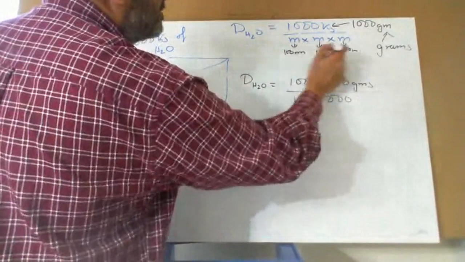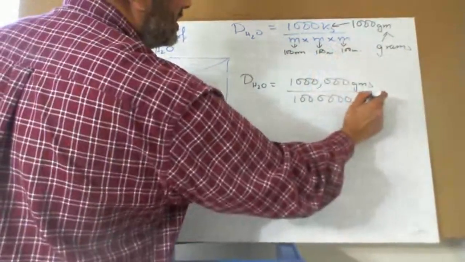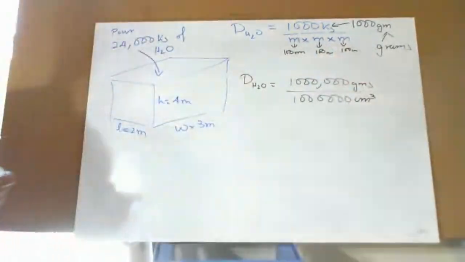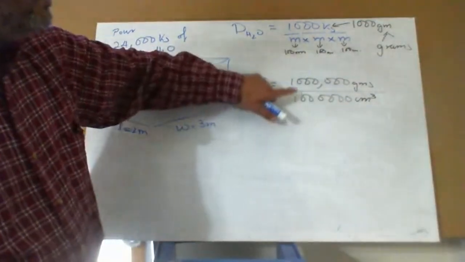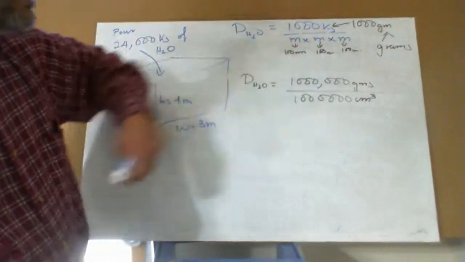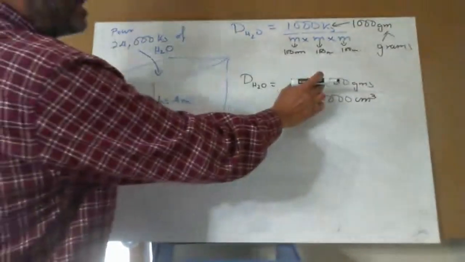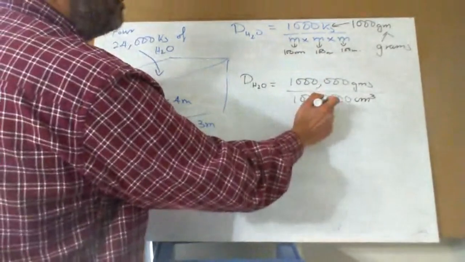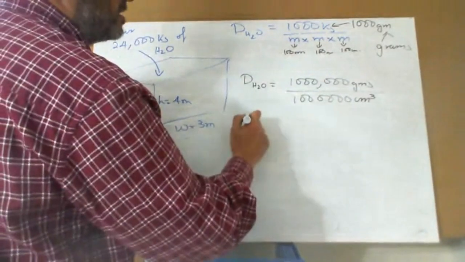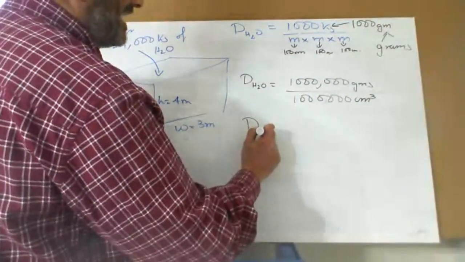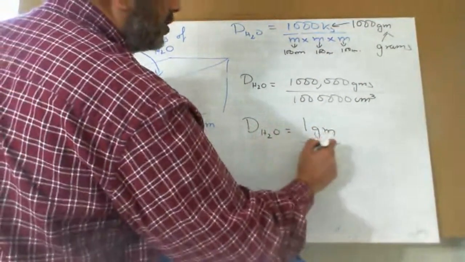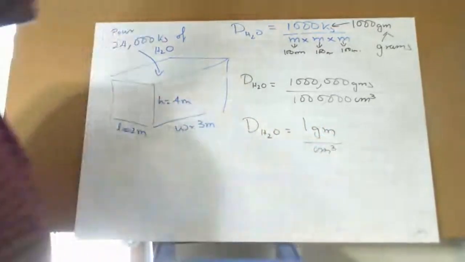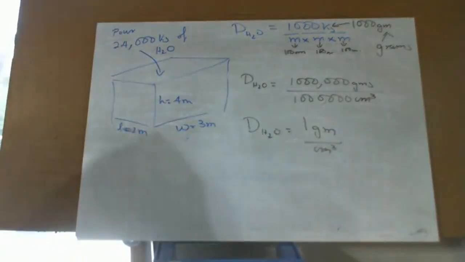And each is centimeters times centimeters times centimeters, that's cubic centimeters. So I've replaced the kilogram with 1,000, and each of these meters is 100 centimeters. So you have a million, 1 and 6 zeros. A million divided by a million is 1. So we can also write the density of water is 1 gram per cubic centimeter. That is the density of water.